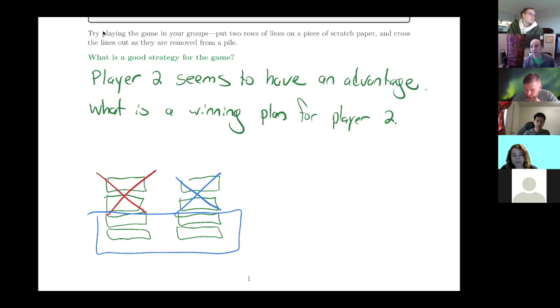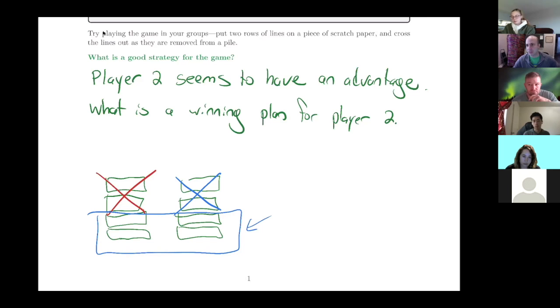Player 2 just seems to be employing a strategy, which is, I'm going to mimic player 1 so that the game just gets boiled down to a much simpler example, and let me try and just apply that strategy to this simpler game. So we're taking more complicated cases and saying we can do something to make these more complicated cases work the same as the more basic cases that we started with.